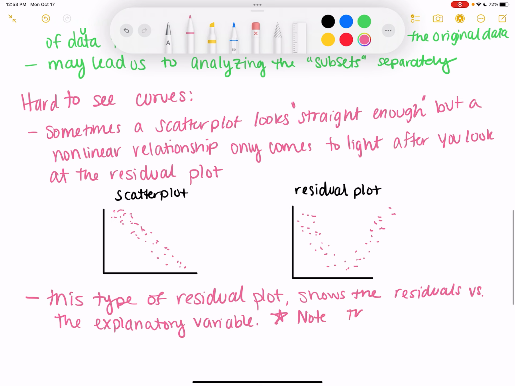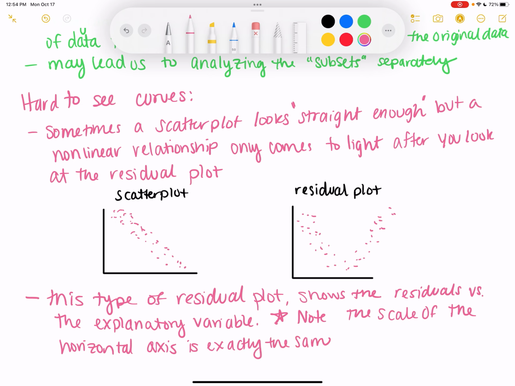Note the scale of the horizontal axis is exactly the same as that of the original scatter plot, X and Y.